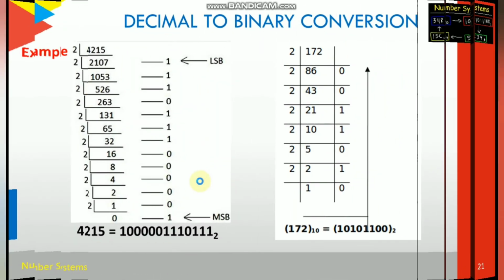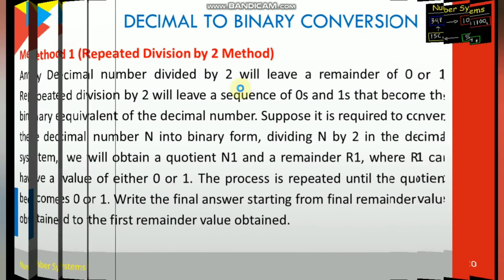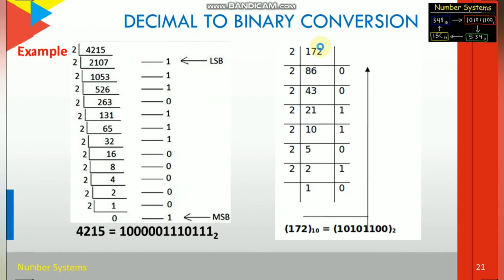So now see this example, 172. This is called the repeated division method by 2, because we are going on dividing the number by 2, and this is called n. The decimal number n is nothing but the number which is given here, 172, or it may be 4215 or any other number.